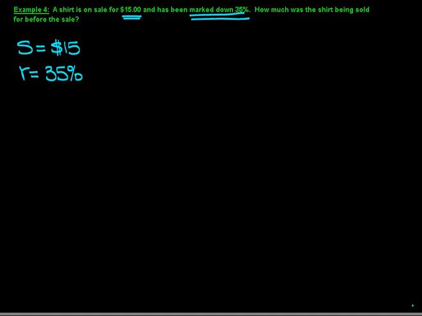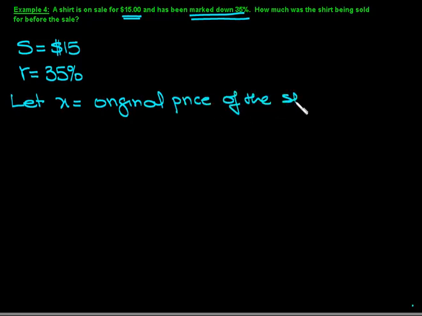So the original price you're looking for again. So let's create a variable this time. So let's go let X equal to the original price. I'll do it a little bit differently this time. Original price of the shirt before the sale. Okay, so how different will be this problem compared to the last one?